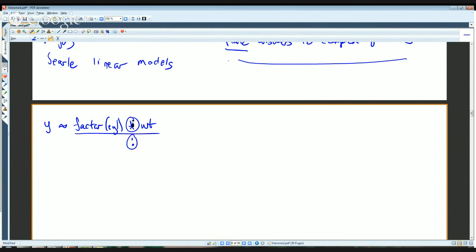When you put in an asterisk, it's going to fit the model that includes an intercept, cylinder as a main effect, weight as a main effect, and the interaction term between cylinder and weight. If you were to just put the colon in there, that just means only include the variable that's the interaction between the factor variable and weight. So the colon will give you just the interaction. The asterisk will fit the full model up to the interaction as well. What the question is asking you is for the asterisk version. Okay?